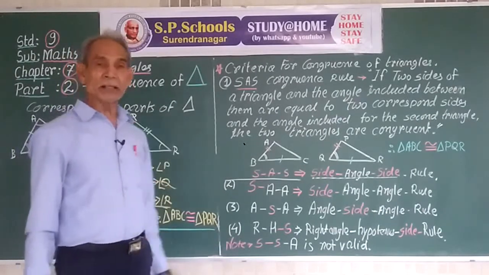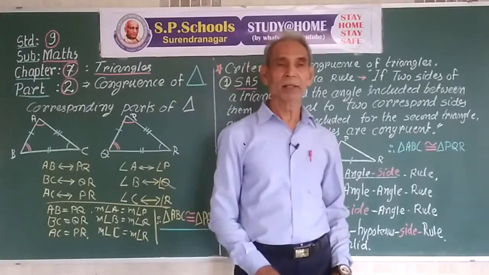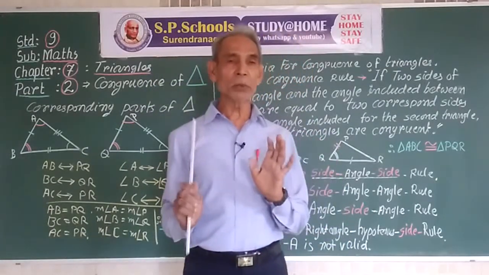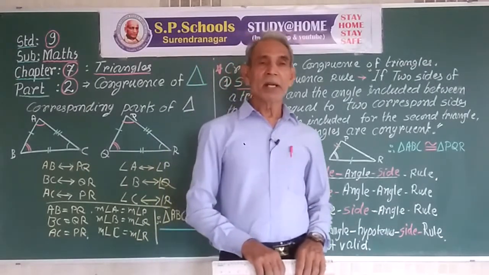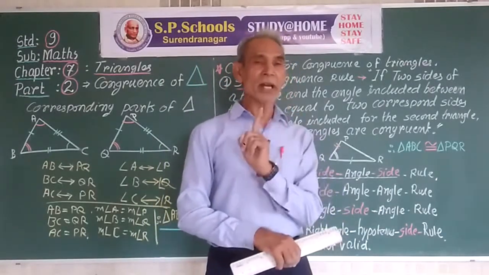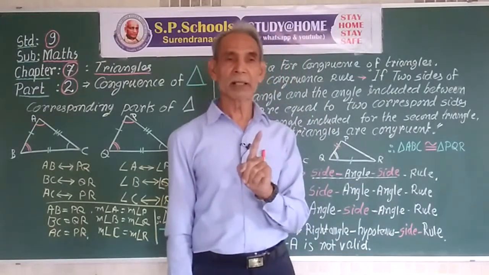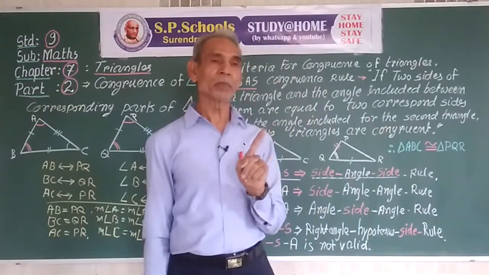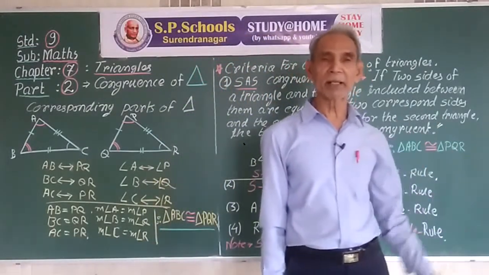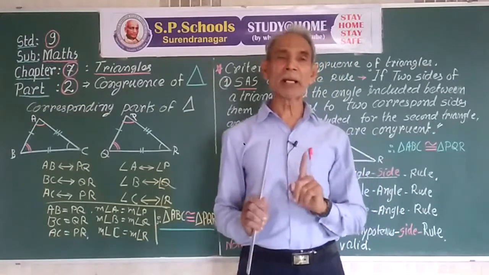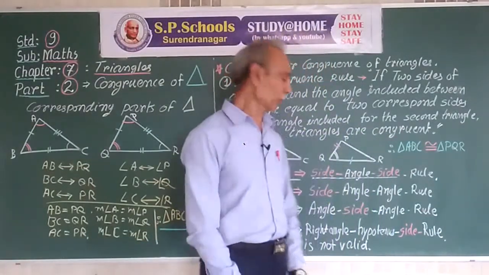Now if we consider a right triangle, suppose you are given two right triangles, then if one side and the hypotenuse of a right triangle are equal to one side and the hypotenuse of the other triangle, then these two triangles will be congruent according to the correspondence.